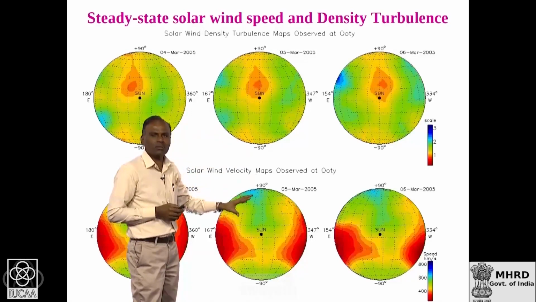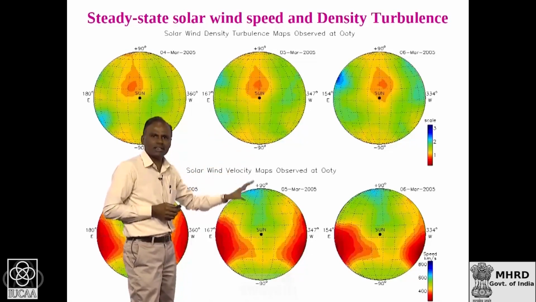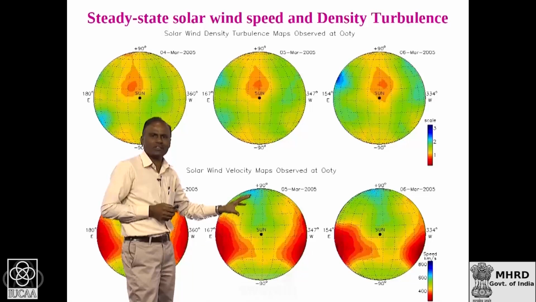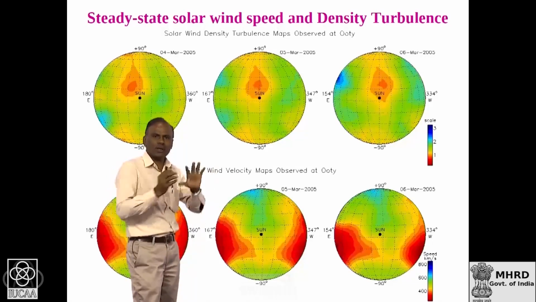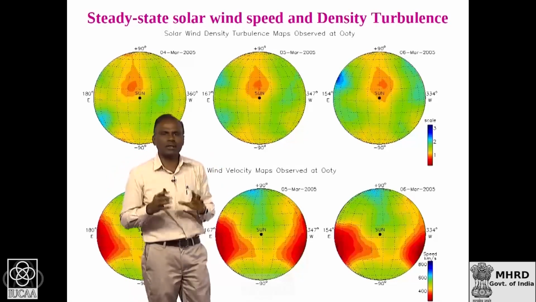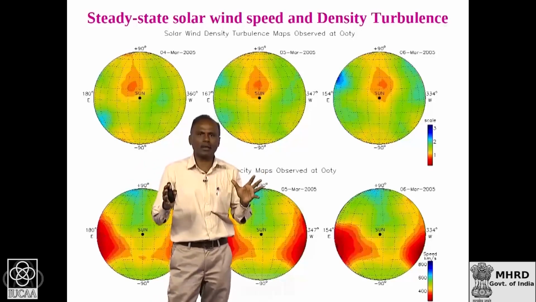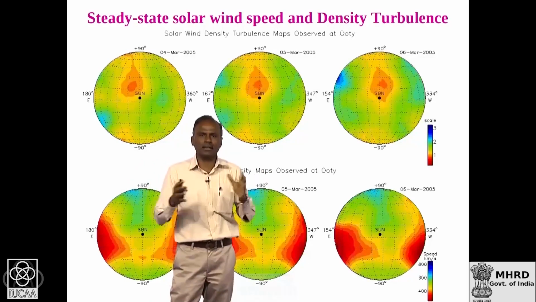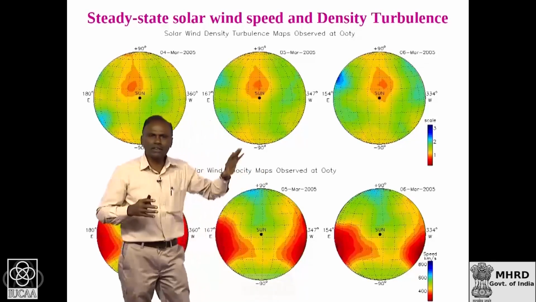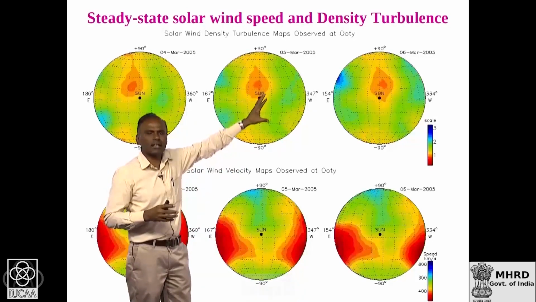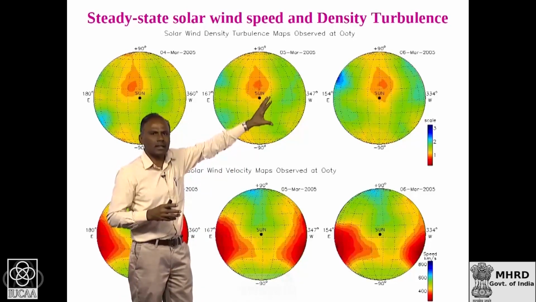Whereas in the bottom plot the same region is associated with the high speed wind. This plot covers something like 180 degrees on the heliosphere. Each plot is taken at about 100 solar radii away from the sun.